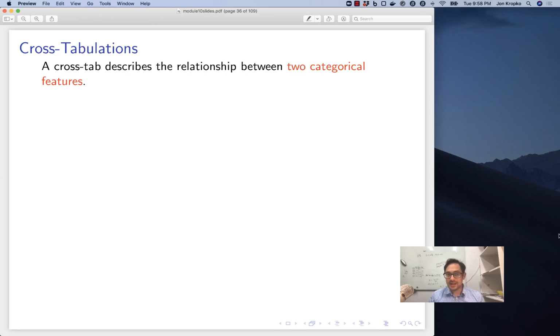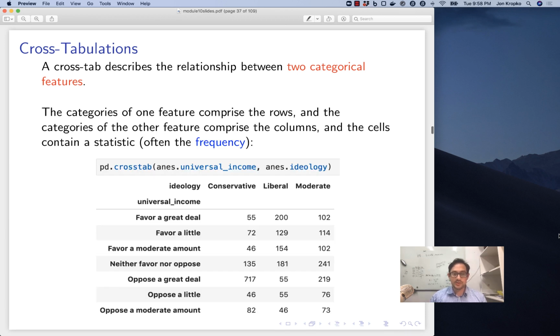Okay, a cross-tabulation describes the relationship between two categorical features. One of the categories goes on the rows and the other goes on the columns. Here, I'm computing the crosstab with the pd.crosstab function with categories of favoring universal basic income on the rows, and then ideology, conservative, liberal, or moderate, in the columns.